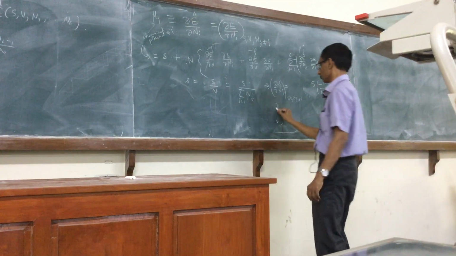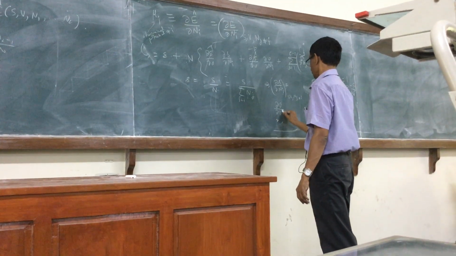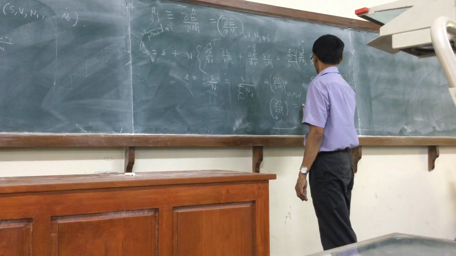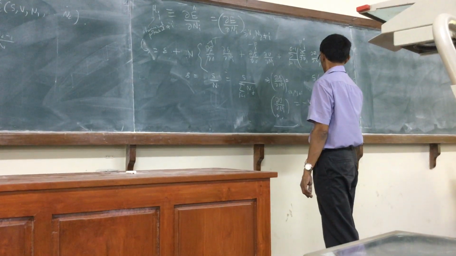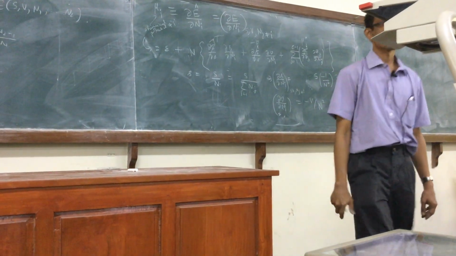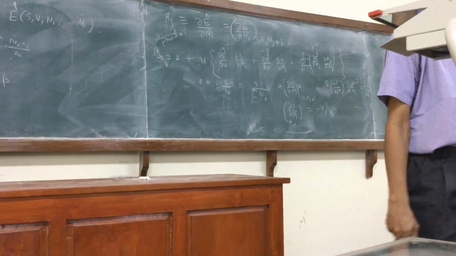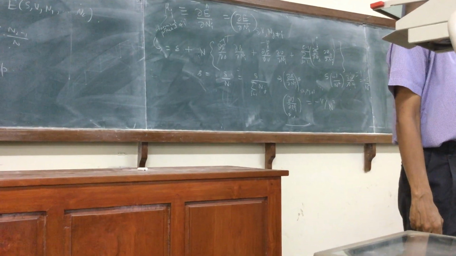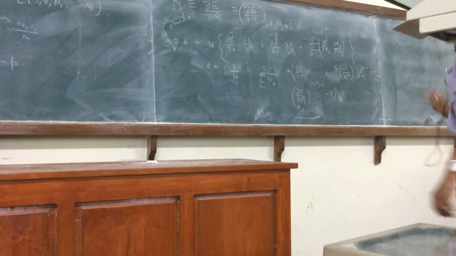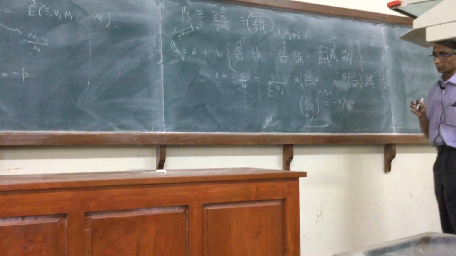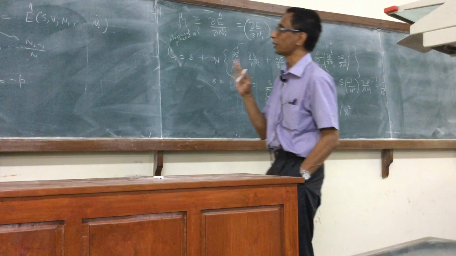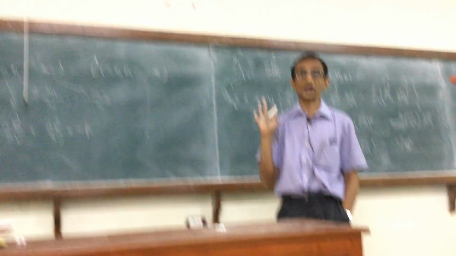In the same way, dv by dNi can be shown to be minus v over N squared. This is very similar to what we had for the pure compound. The complication now comes for the mole fractions. It is important to remember that I have to consider only C minus 1 of the mole fractions.